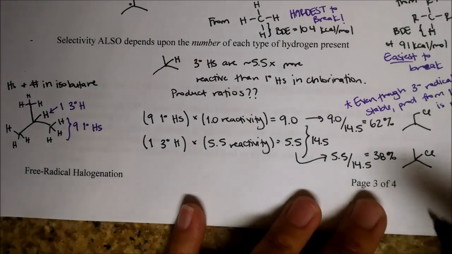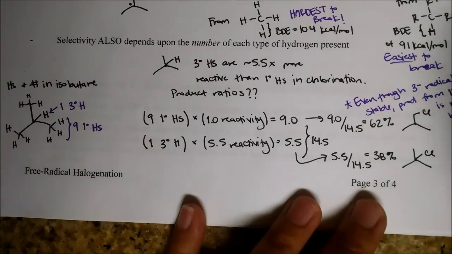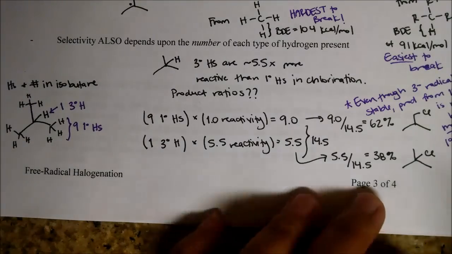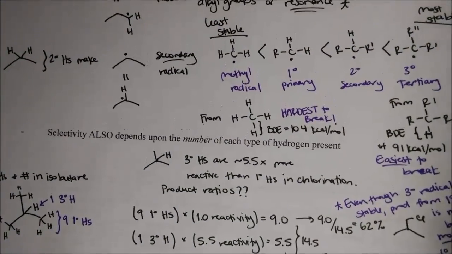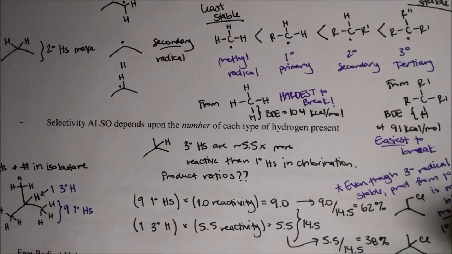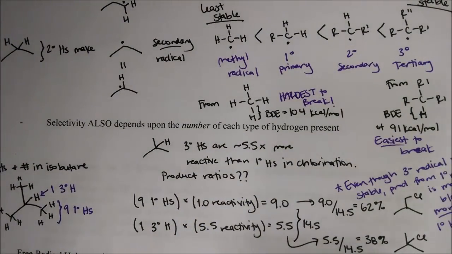It's greater than 50% compared to the other product. And that is simply because there's more primary hydrogens. Okay? So it's both the stability of that intermediate as well as the number of hydrogens that are present.